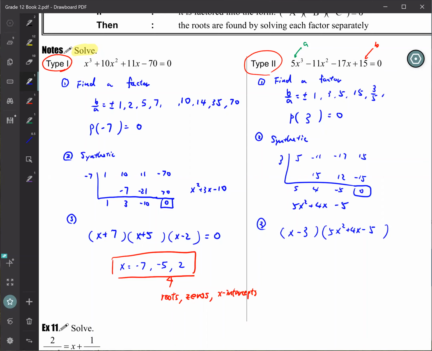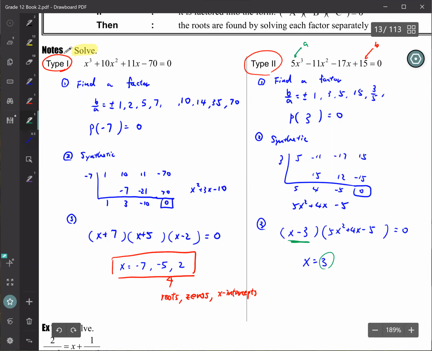Okay, but because it's solving, we have to make it equal to 0 and solve each one. So how do we make the first bracket equal to 0? Donna? X has to be what? 3. 3, right? Because that coming out from the first bracket, you will get 3.